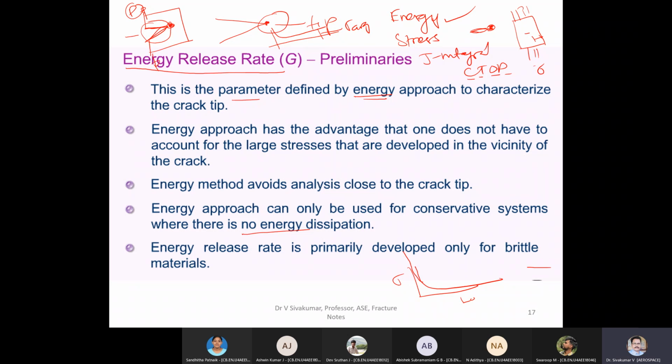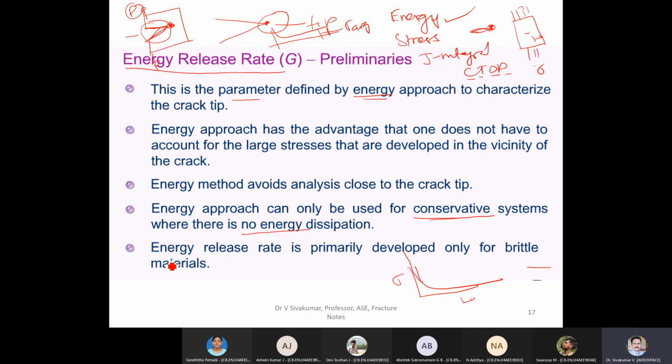There is no dissipation of energy in terms of heat or friction. That is the assumption in this method. When there is no energy dissipation, we call it a conservative system.